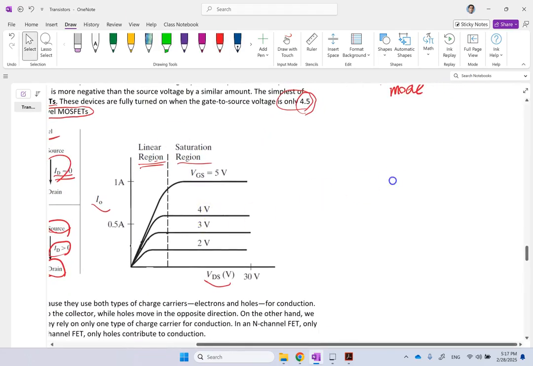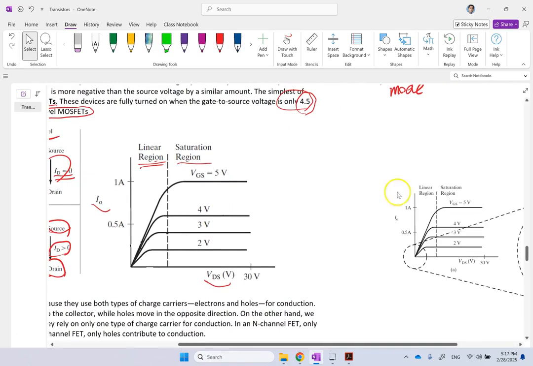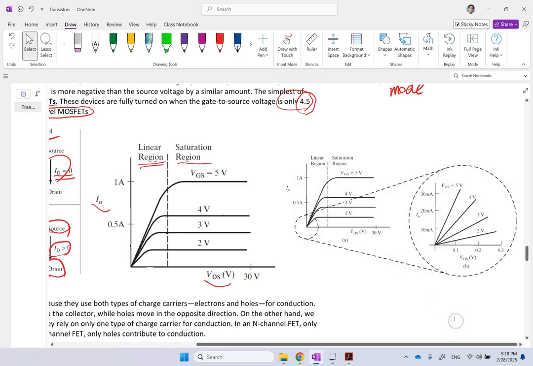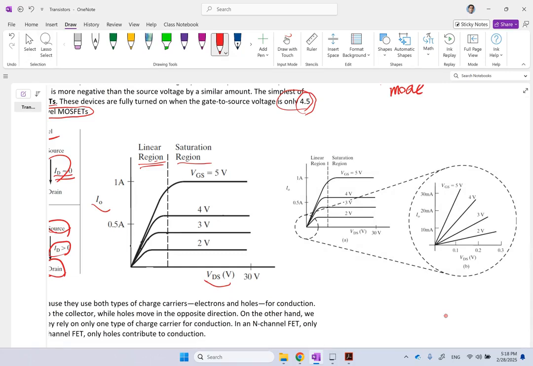And the reason for that is, if I paste this picture that I got from the book, if I show you here in this picture, it kind of explains what is happening. It says if you look at this region near origin, you see different gate source voltages, right?